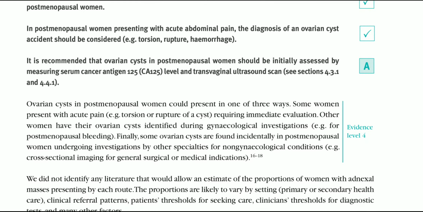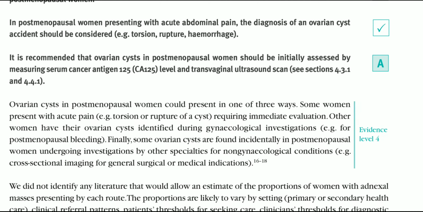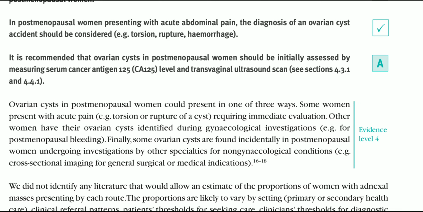Now in this first paragraph, the main thing written is how ovarian cysts present in postmenopausal women. They present in 3 ways. Number 1, some women present with acute pain in the form of torsion or rupture. Secondly, other women have ovarian cysts identified during gynecological investigation.